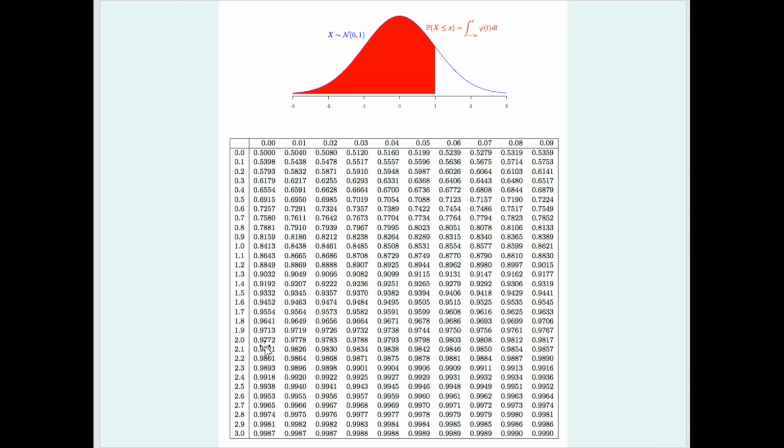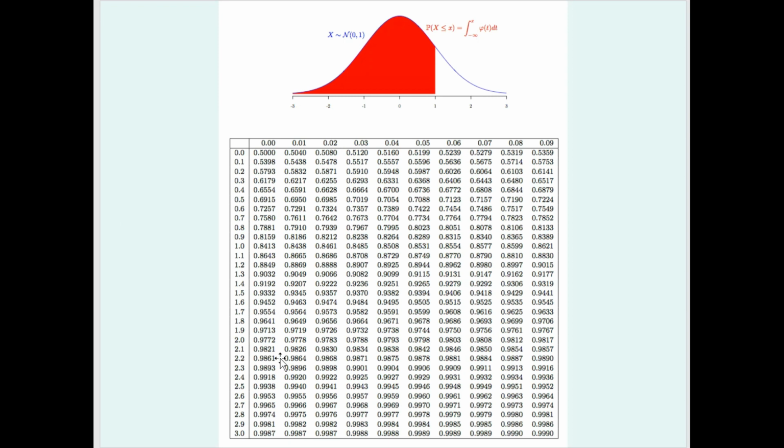Remember that the cumulative standardized normal distribution table shows the value less than the desired value of z. So for the example just now, z less than 2.00, you can straight away read from this table 2.0, and you get 0.9772.